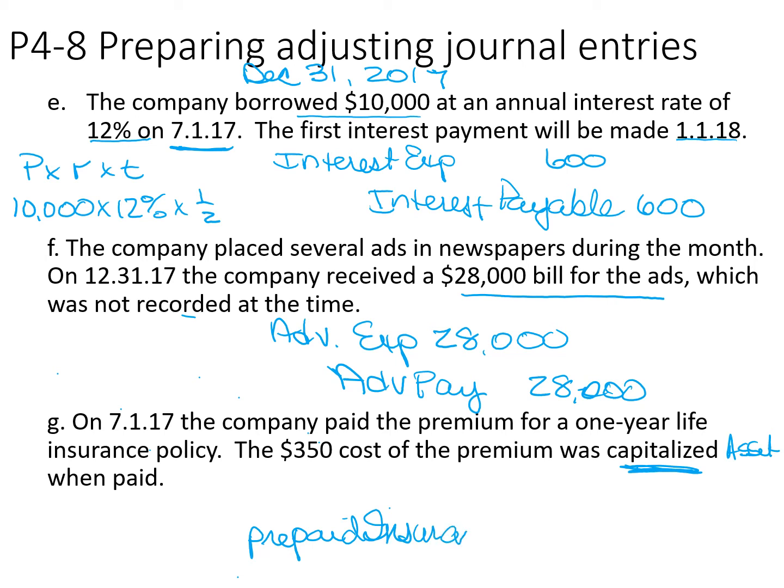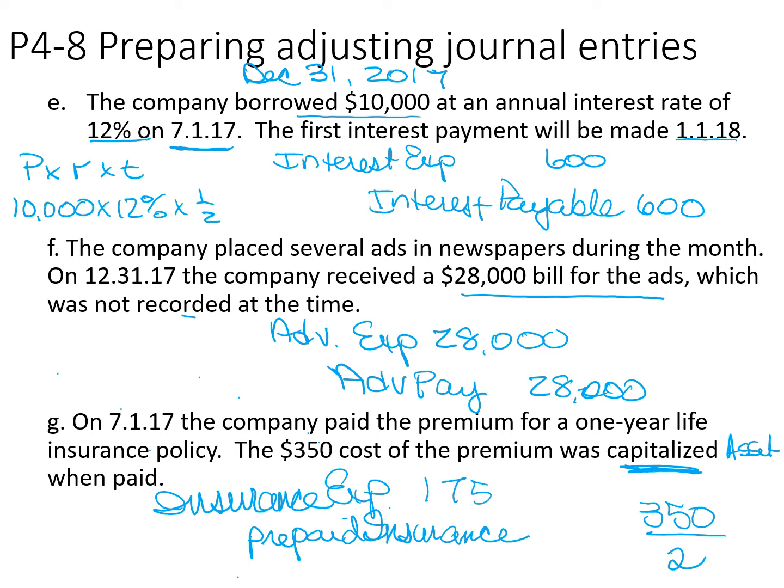So that'll be my credit, and I'm going to debit insurance expense. Now, since it's a $350 policy, we bought it on July 1, it's half a year, so if I divide by 2, 6 months have been used, or $175,000.